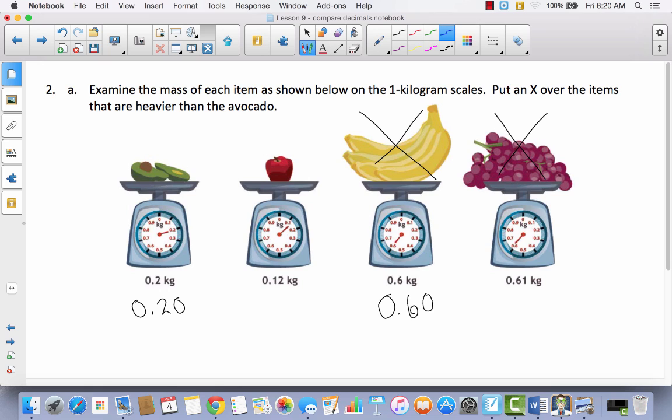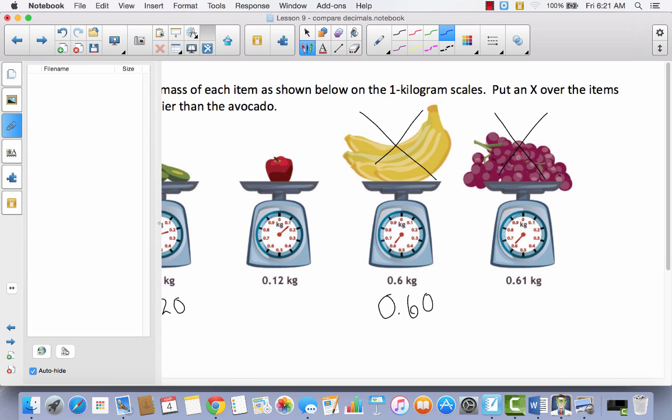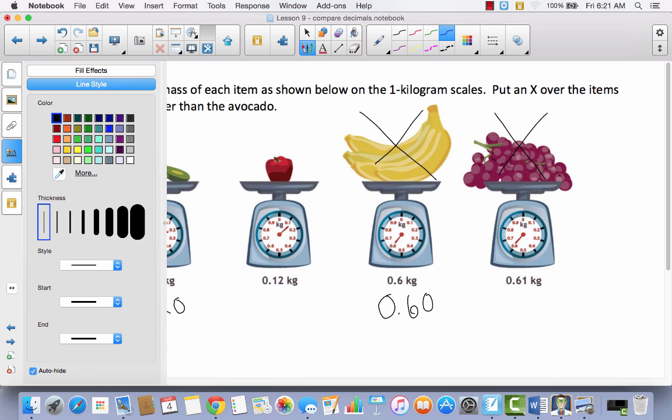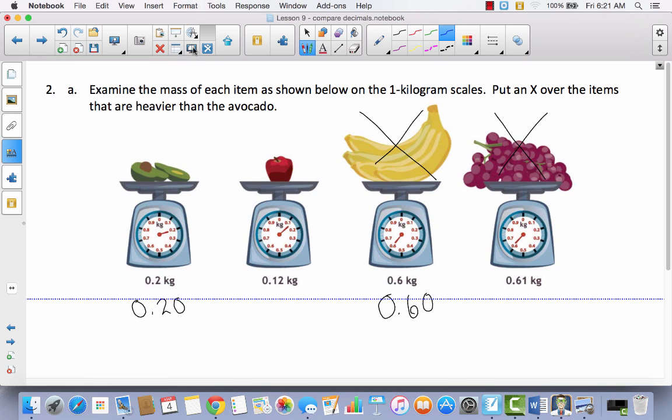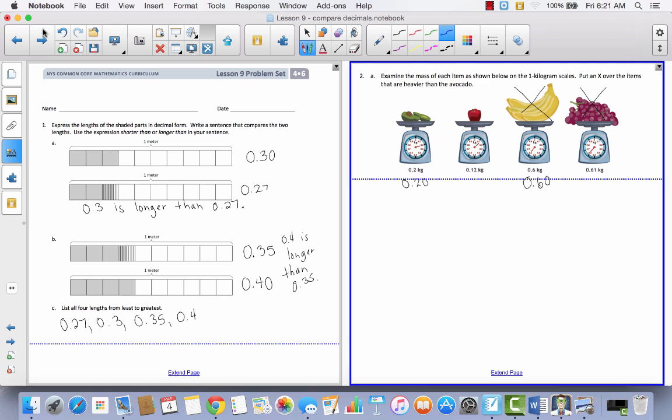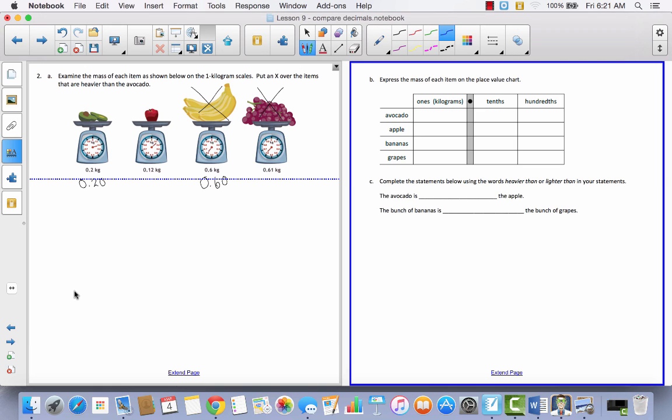Okay, now I'm going to go into split screen here because on the next page, we're going to have to use these metric masses that we just talked about. And I want to be able to see both pages. Okay, so we're going to express the mass of each item on the place value chart. This is another way to help you compare. So let's start with the avocado. We had no ones, but we had 2 tenths.